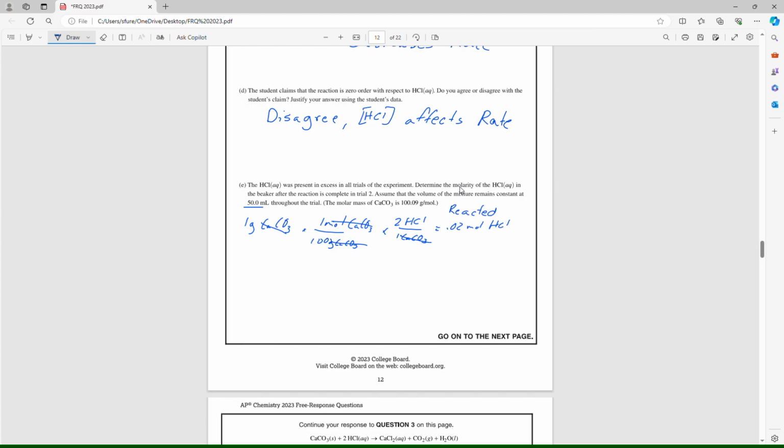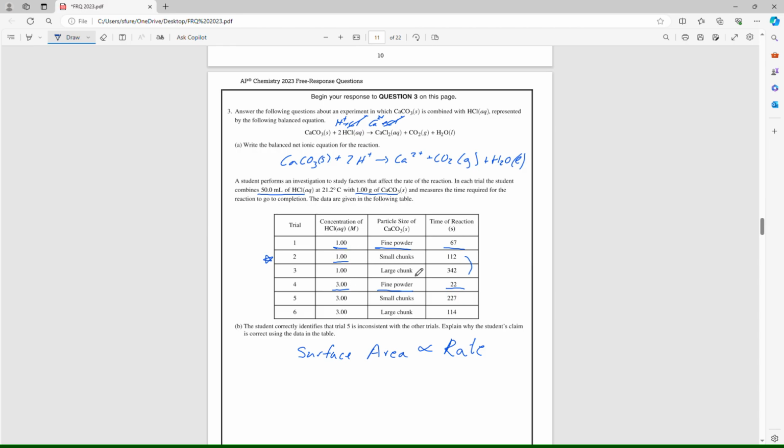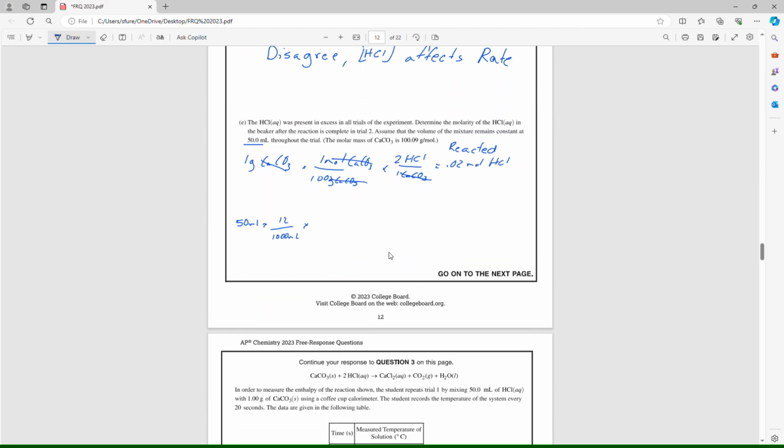Let's figure out how much we had to start. We had 50 milliliters. Let's convert that to liters. 1 liter for every 1,000 milliliters. And then times 1 molar, because this is trial 2. Trial 2 is 1 molar. So times 1 mole per liter. This is 1 mole of HCl. Liters cancels, milliliters cancels. We're left with moles HCl.